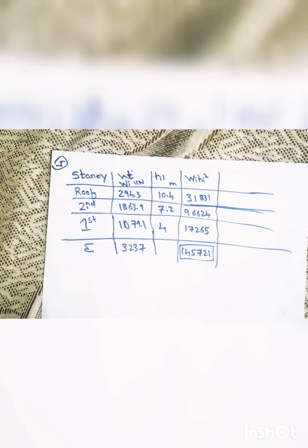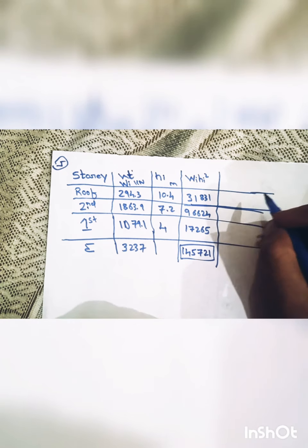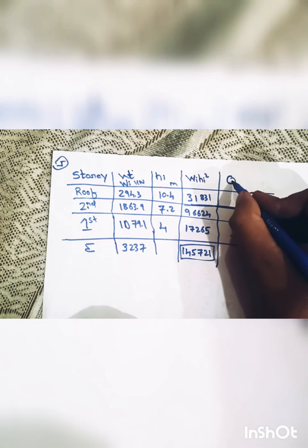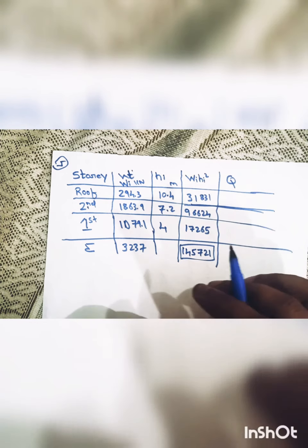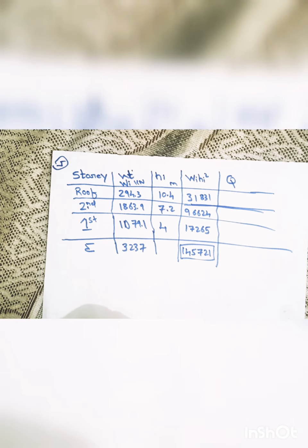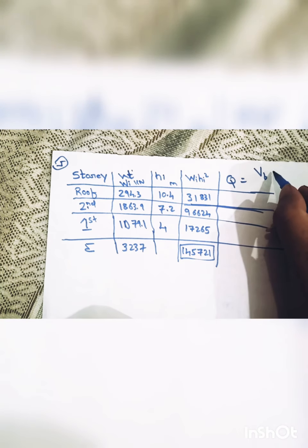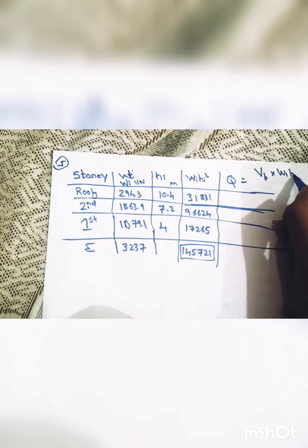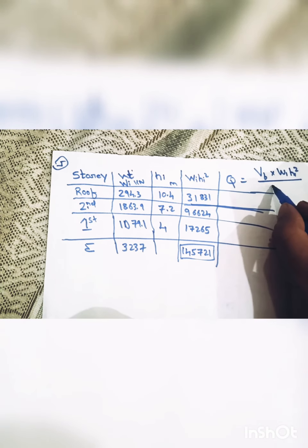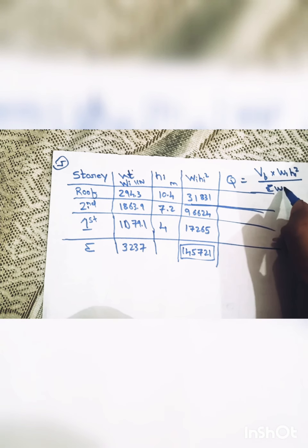Next, to find the value of Q, we require, that is lateral force. We have this formula which we have written. I will write it down here again. VB, that is base shear, into Wi hi square divided by summation of Wi hi square.